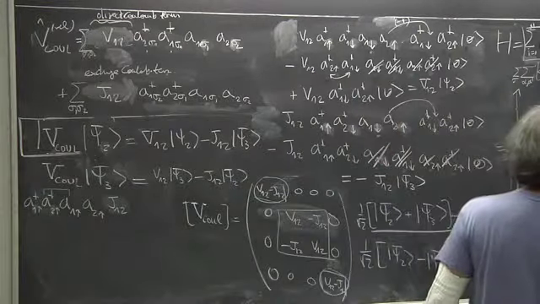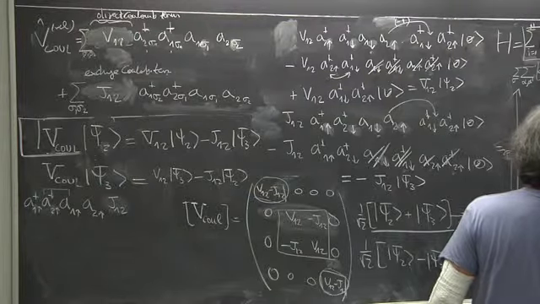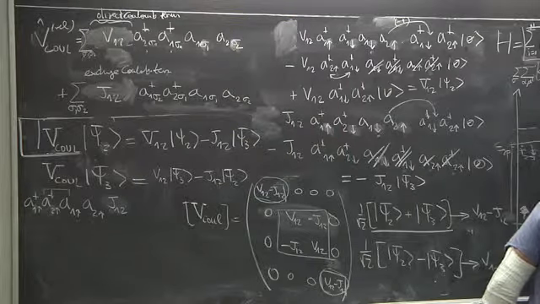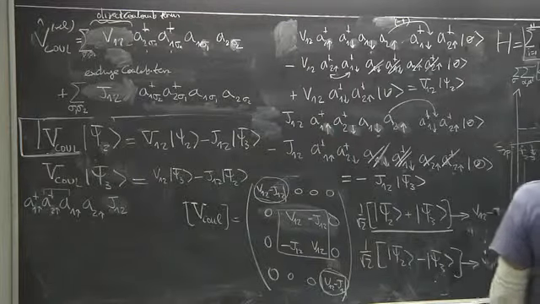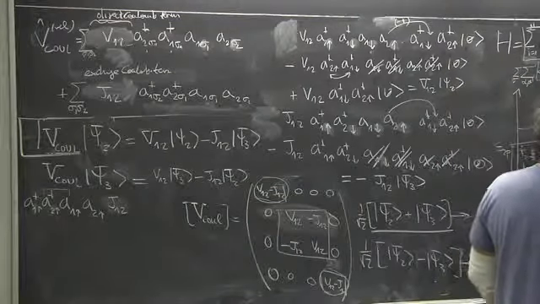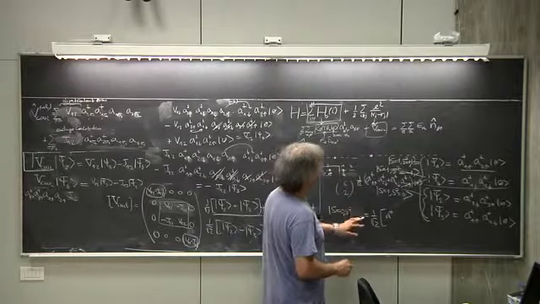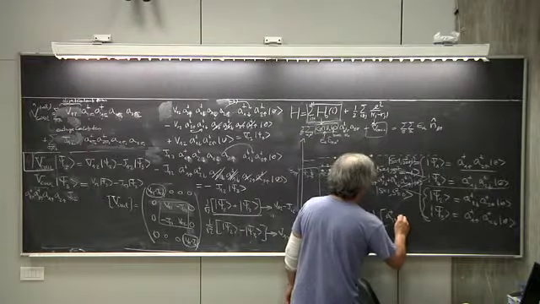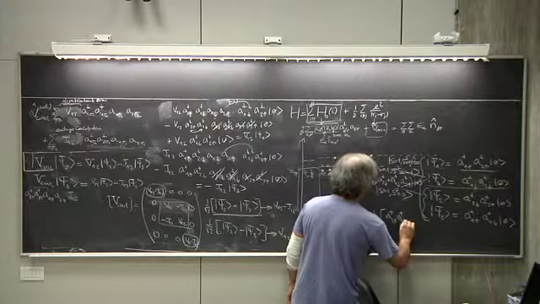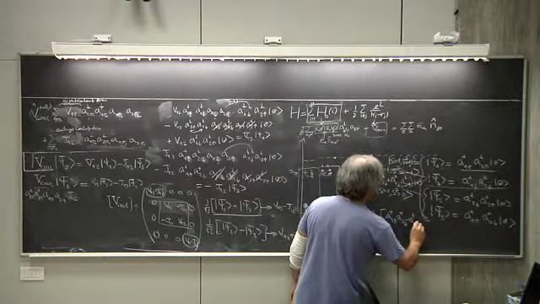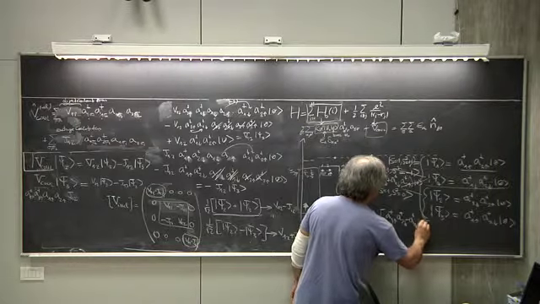Okay? S equals 0, Sz equals 0 is 1 over root 2, a dagger, let's see. Well, it doesn't matter if it is a singlet or minus the singlet. So let me write it as a dagger 1 up, a dagger 2 down, minus a dagger 1 down, a dagger 2 up.